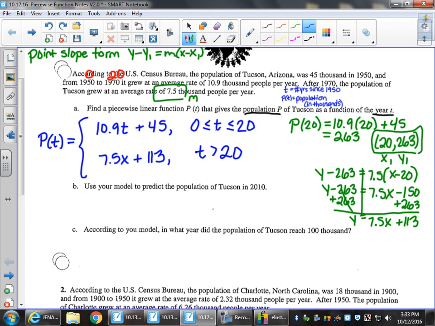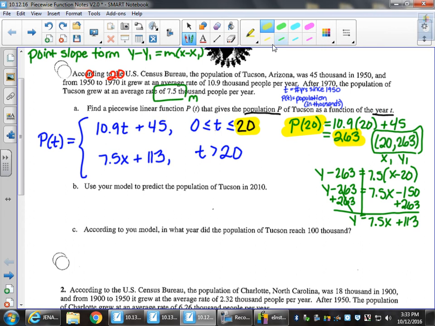So again, to highlight our new, more direct strategy, I have my initial piece, and I know that's from year 0 to year 20. Well, population doesn't just start all over again at 0. There is going to be an initial value. To figure that out, we are going to substitute 20. We're going to calculate P of 20. When I calculate P of 20, my output is 263.